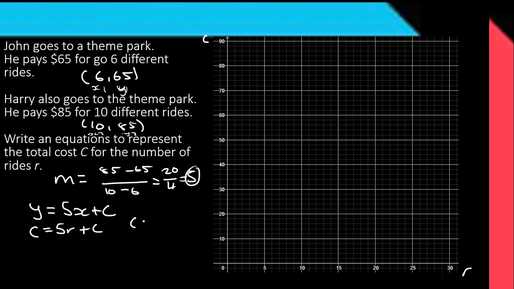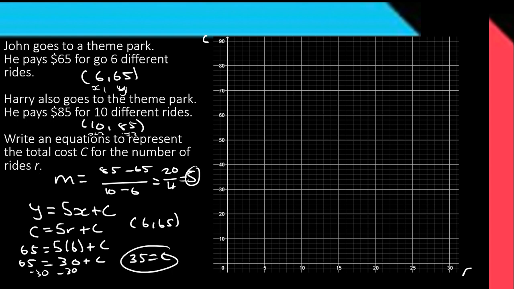So I'm going to substitute in, let's say, 6 and 65. So the cost is 65 equals 5 times 6 plus c. 65 equals 30 plus c. And if I subtract 30 from both sides, I'm going to have 35 equals c. And I can write my equation of a line.